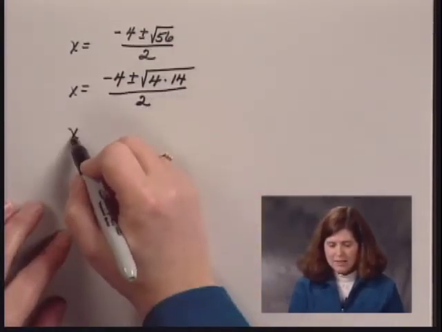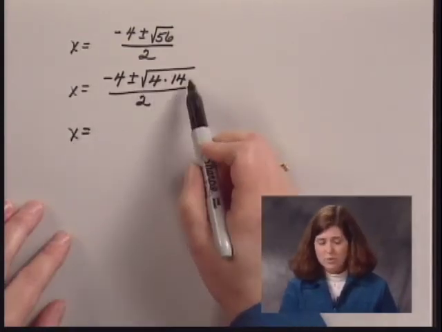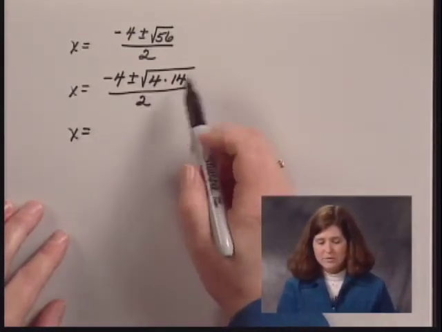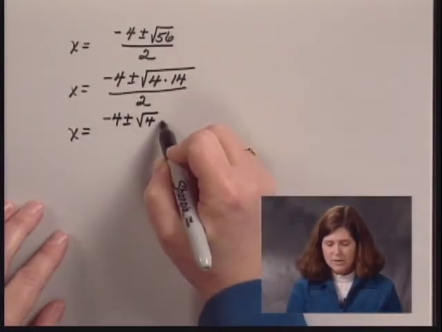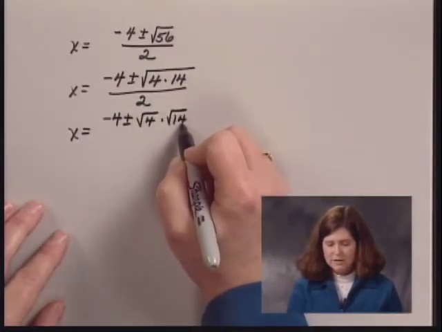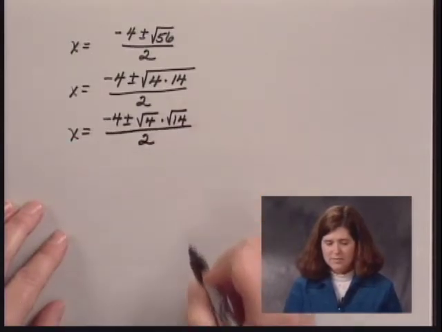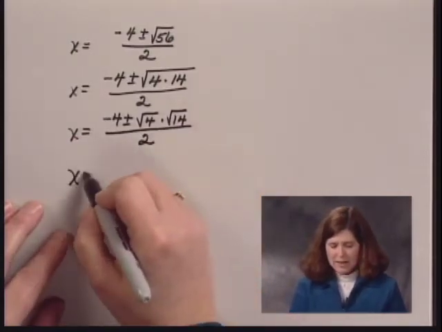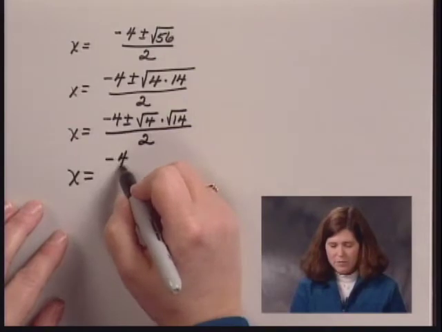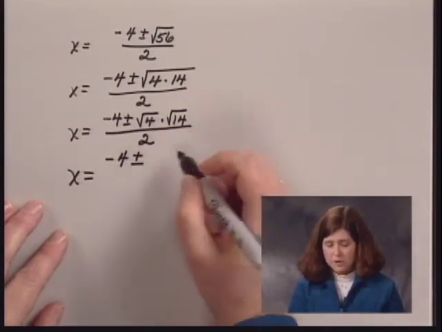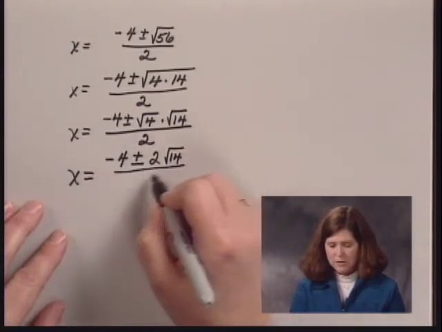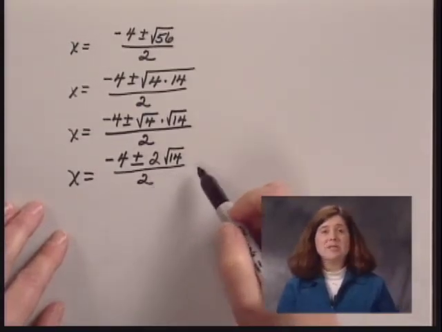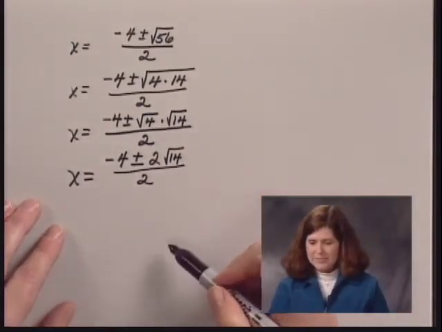And then I can factor the square root of 4 times 14 as the square root of 4 times the square root of 14. And that means I have negative 4 plus or minus, the square root of 4 is 2, 2 times the square root of 14 over 2. So I have simplified the square root of 56.